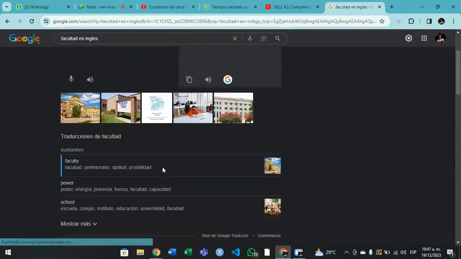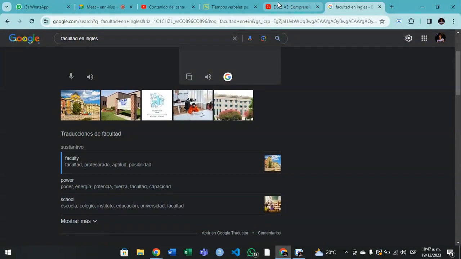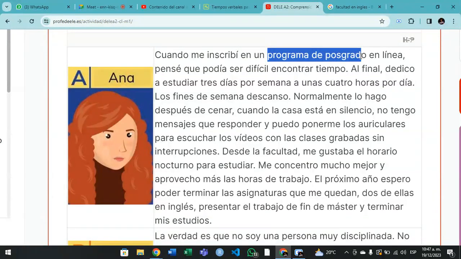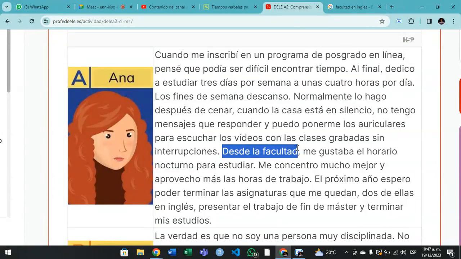Yeah, like the same school. So from school, like from that part of their academic life, right? So desde la facultad means from their degree. Like this is programa de postgrado, and here she's talking about from college, like the degree.